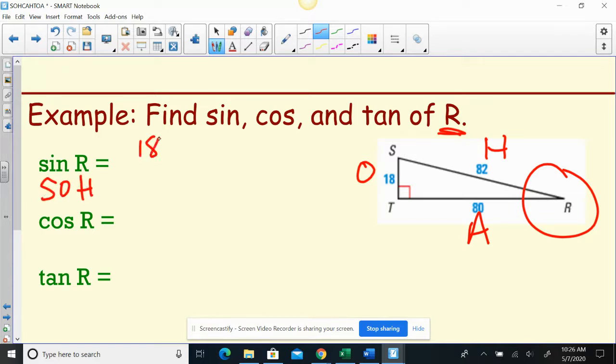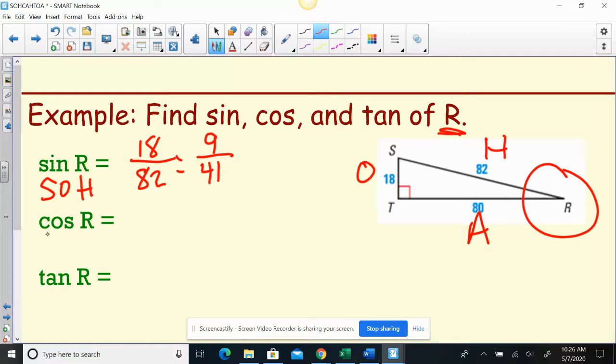Sine is opposite over hypotenuse. You can simplify, so we're going to do 18 divided by 82. You can either do math fraction, or you just know that 2 goes into both of those, so we get 9 over 41.